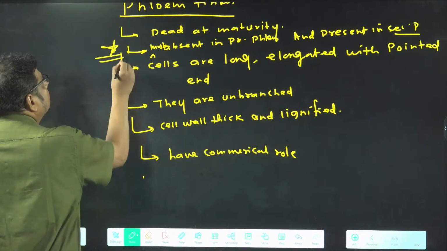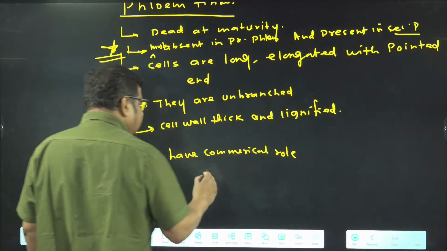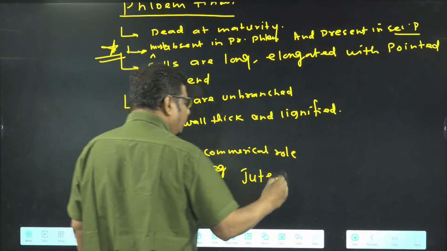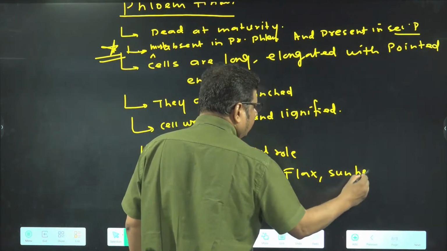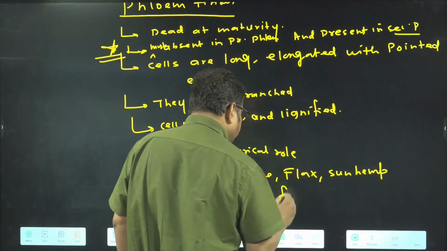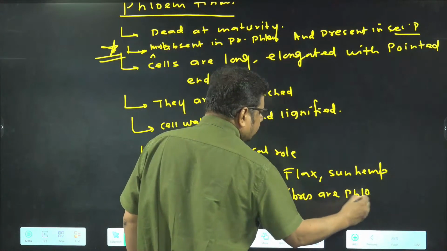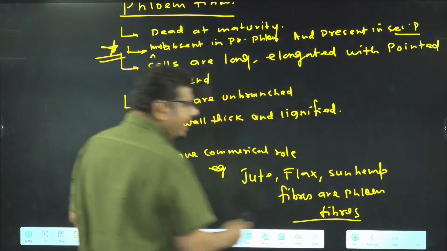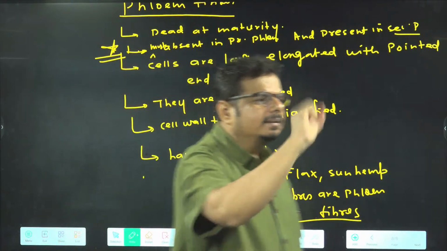So from here, the most important information is this: have commercial role. Example: jute, flax, sun hemp fibers are phloem fibers. So the jute bag you use in your daily life, that is made up of which one?